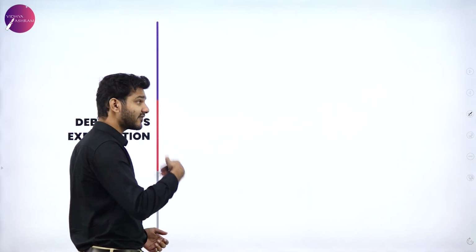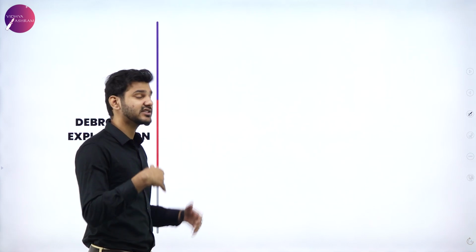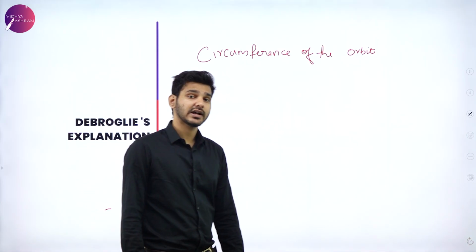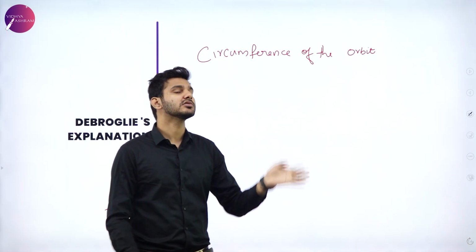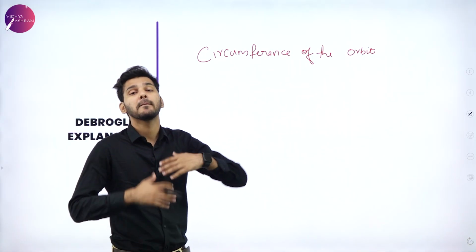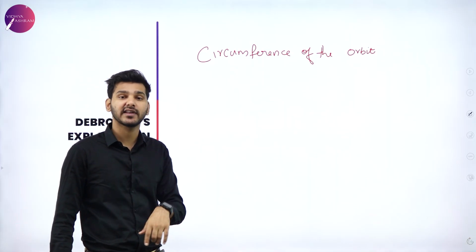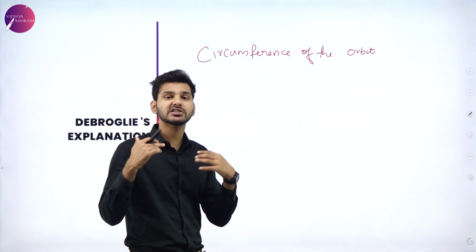So if the electron is traveling around the nucleus in a fixed path, let's assume that it is a perfect circle. The circumference of the orbit, that particular circle, must be equal to an integral multiple of its wavelength, because de Broglie hypothesized that it will be like a stretched out string which is vibrating.